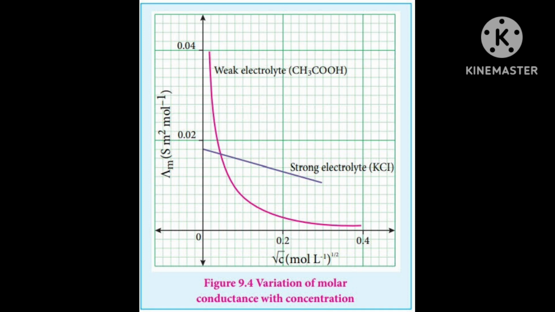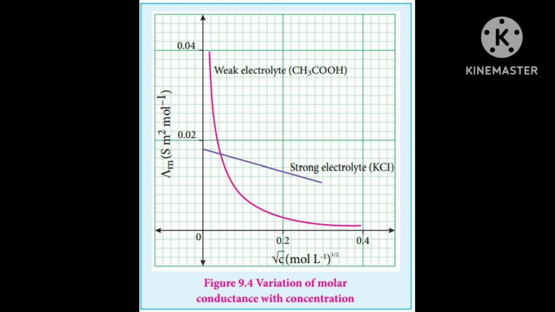Then you put all the values. Now kappa value you know, into 1000 divided by C. Concentration is given 0.05 mole per liter, which means per 1000 cc. That's why we have written kappa value 0.01148 into 1000 divided by concentration.